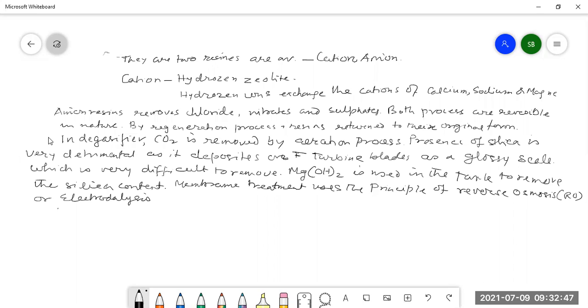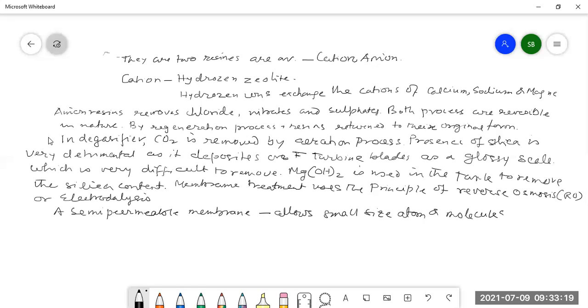A semi-permeable membrane allows small size atoms and molecules to pass through it.